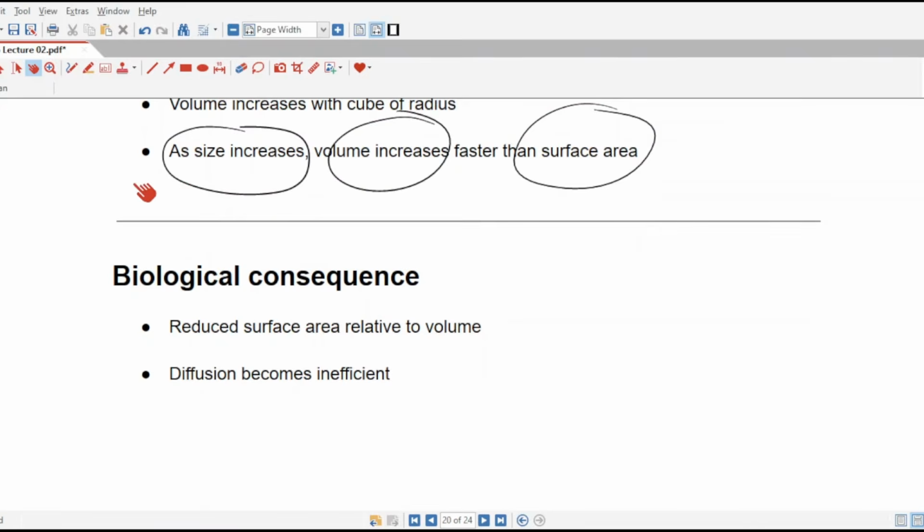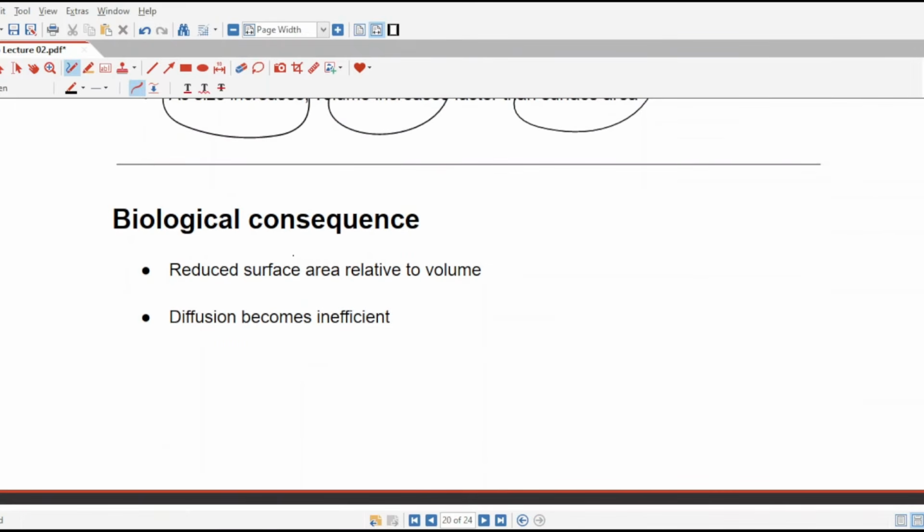And what is the biological consequence? When surface area is reduced relative to volume, diffusion becomes inefficient because diffusion depends on large surface area, but the volume is increasing more compared to surface area. That's why the surface area will not be sufficient to cover the large volume.